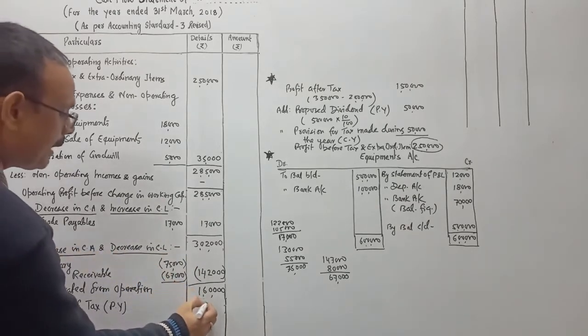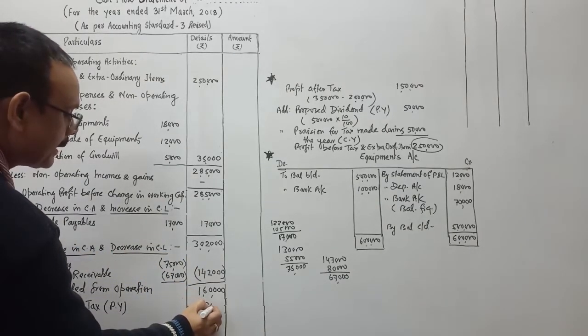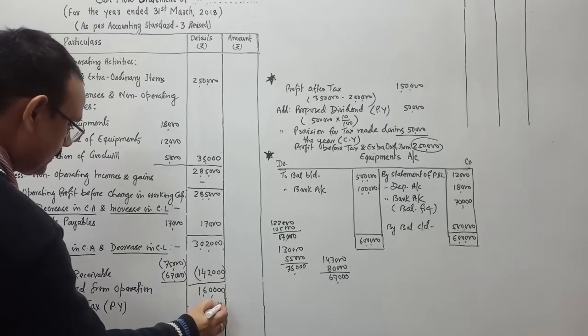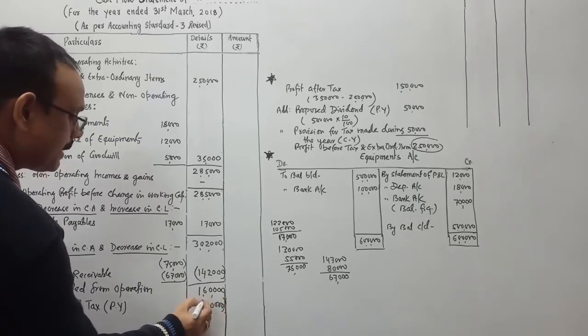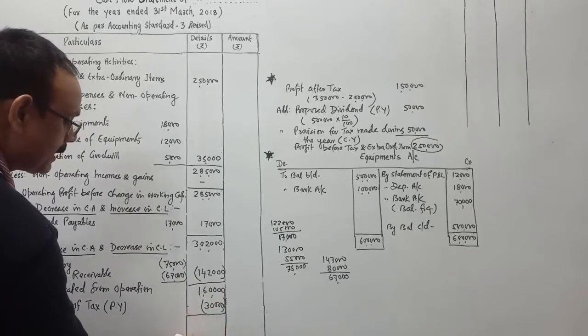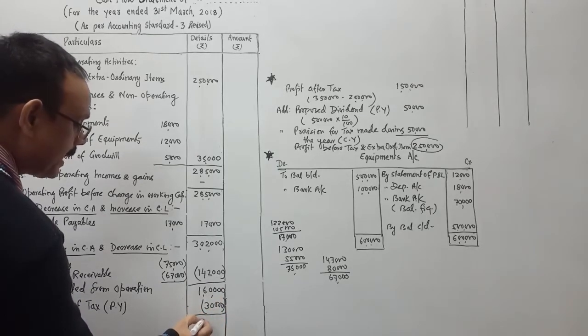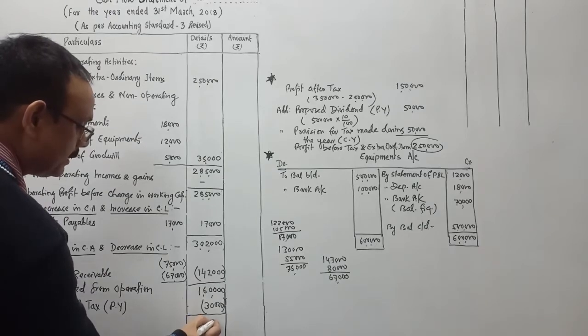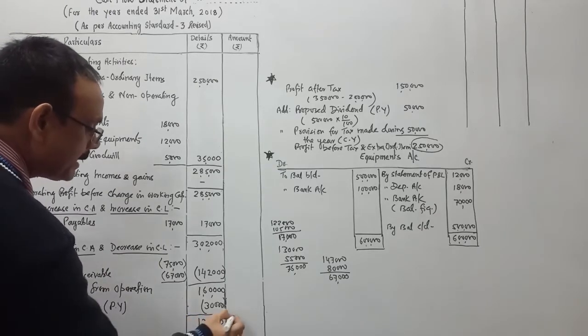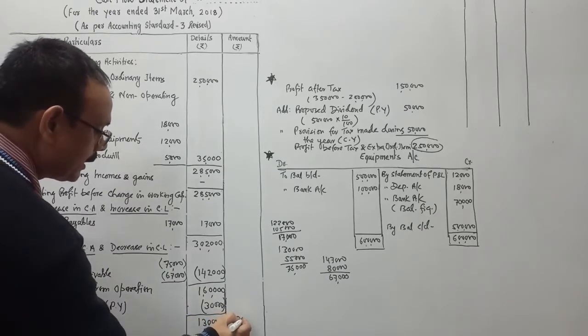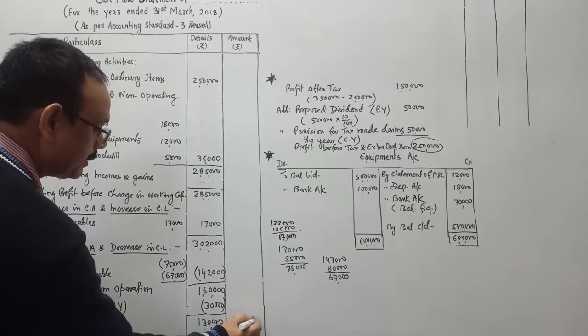So we do the payment of tax, 30,000. When we do the payment, it is negative. After that the figure is 1,30,000. This figure we will write in the outer column, the main column. This column is for details.